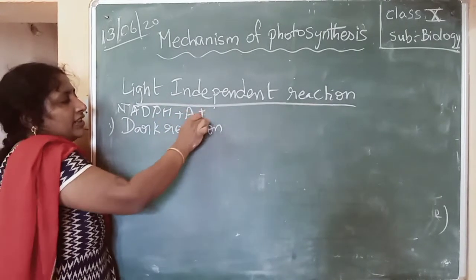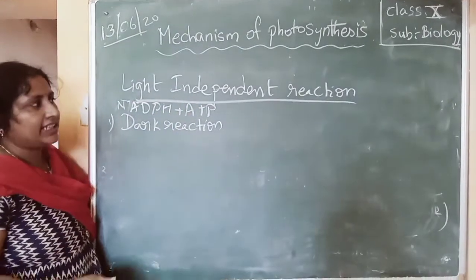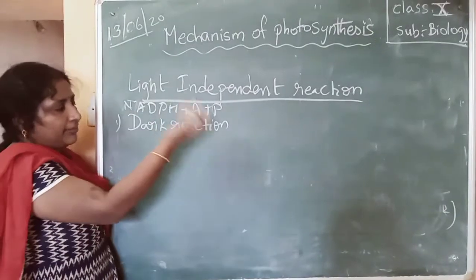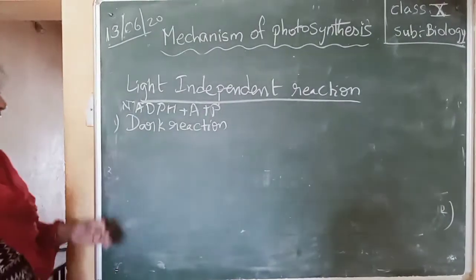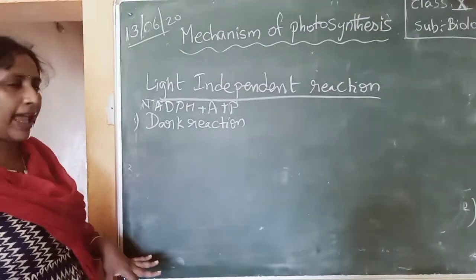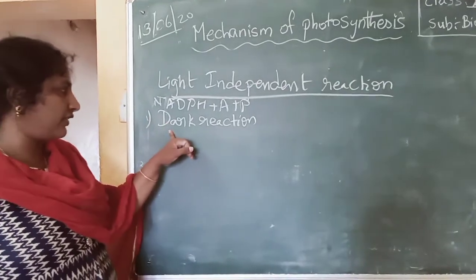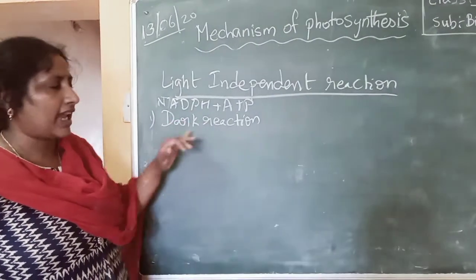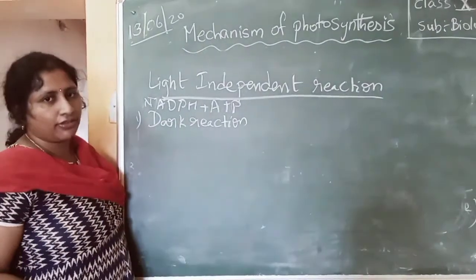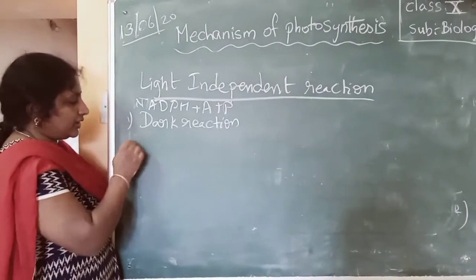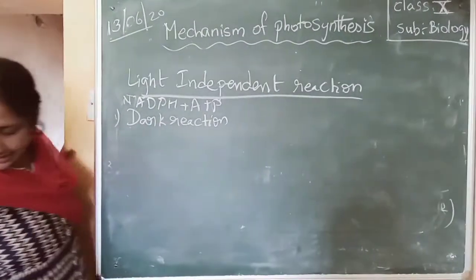Now it does not need light. It may occur in the presence of light or in the absence of light. So that's why we are calling it a dark reaction. There is no need of light.